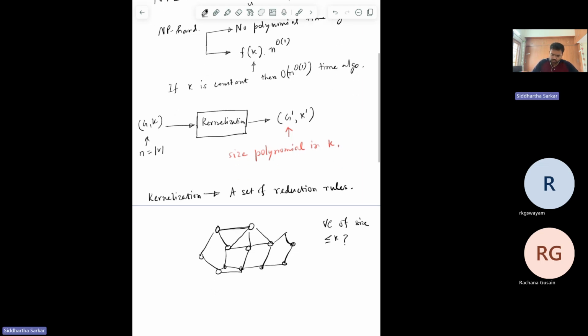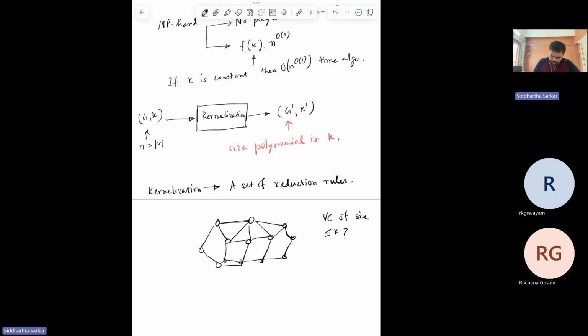So what rules can I apply to reduce this graph into a smaller graph? For example, suppose there are some vertices which have degree 0, that is, these vertices are isolated. Then can these vertices be part of the vertex cover?